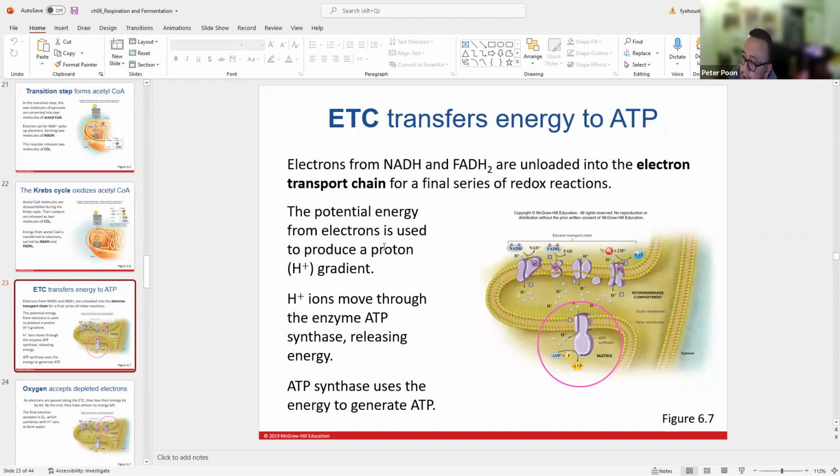So all these electrons are unloaded onto the electron transport chain. Here is the electron transport chain. We'll pass all these on.